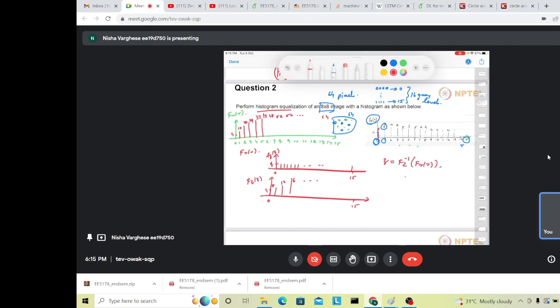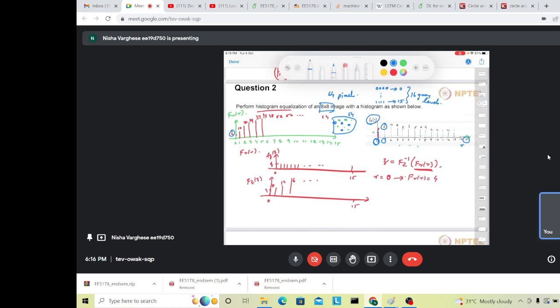For a particular pixel value 0, you have to go through F_R(R) first. So for R equal to 0, what is F_R(R)? 4. Right, from here you can say that it is 4.